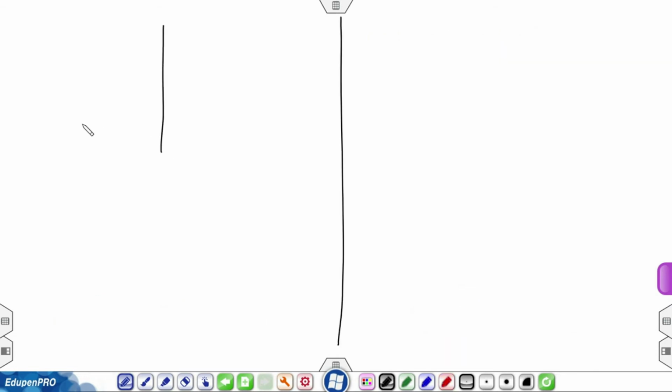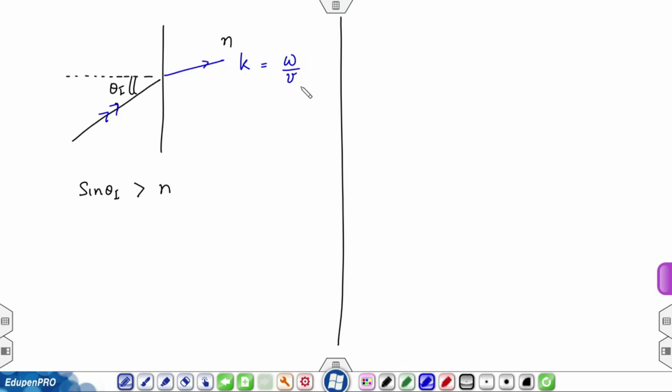So, I have this electromagnetic wave coming in at an angle theta I, which is greater than the critical angle. In that case, I have sine theta I greater than n. Now, notice the transmitted wave has a k, which is equal to omega over v, which is equal to n omega over c, or in this case n is less than 1, n relative.